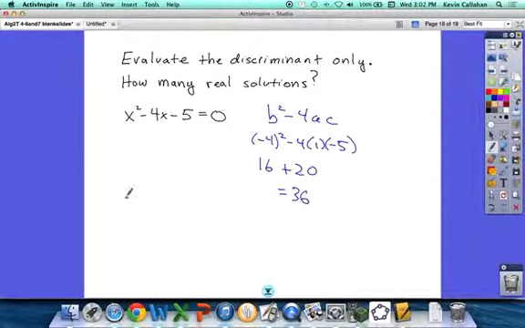So how many real solutions do we have? 2. Remember, if the b squared minus 4ac is positive, 2 real solutions. So the evaluate part means 36. The how many real solutions is what you learn from that. But you're expected to come up with the right number.